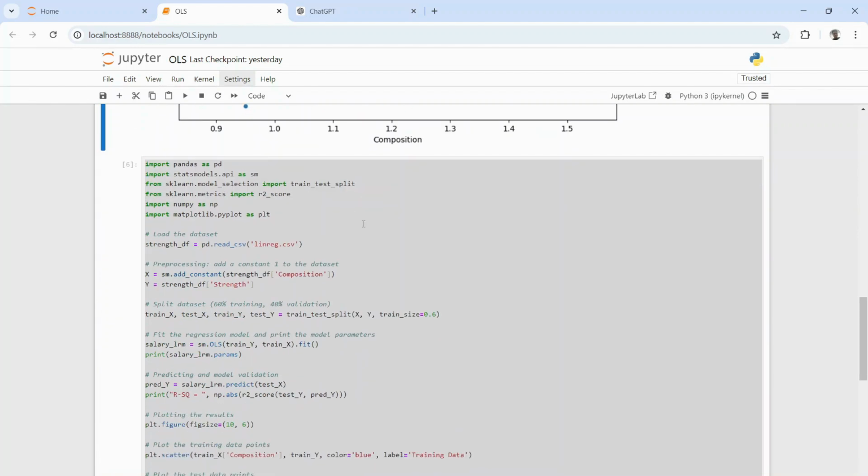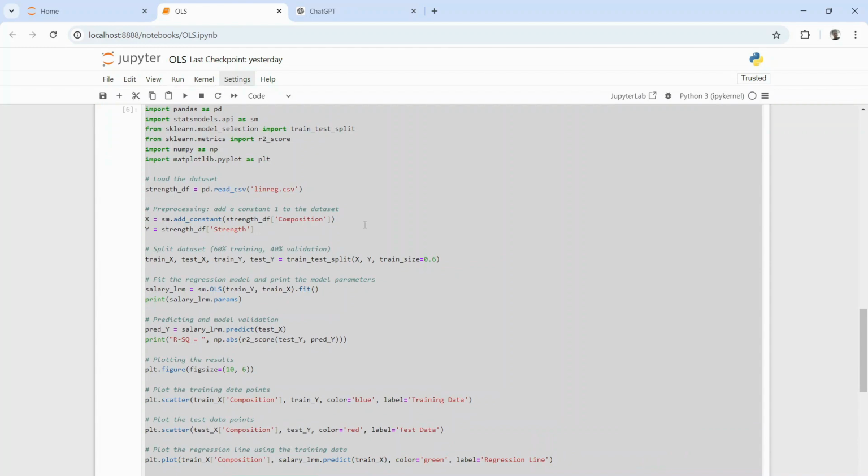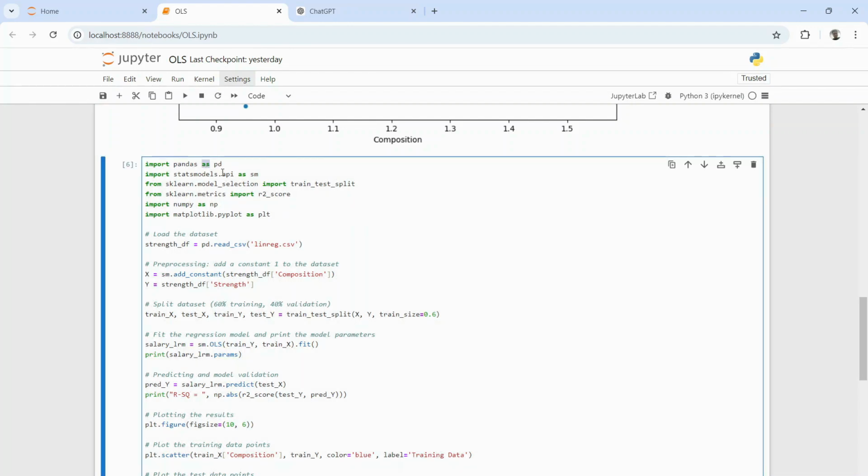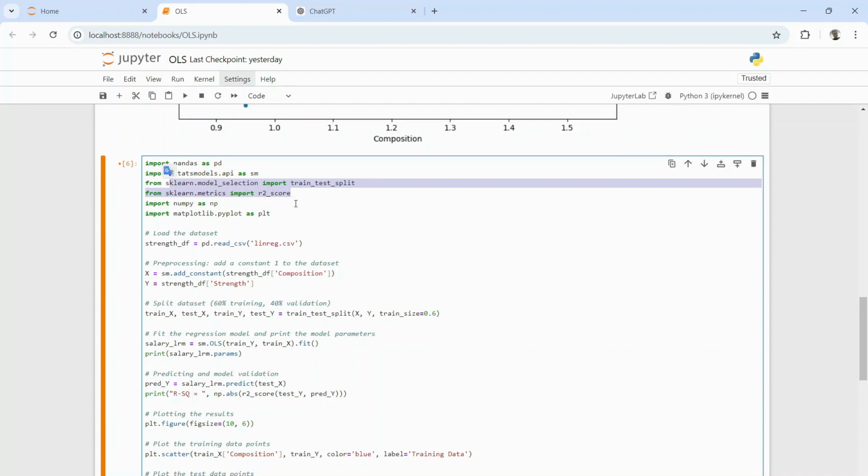Next, we will use OLS to perform a linear regression. As usual, we are importing the libraries required. These two lines will be used for doing the linear regression in our case.